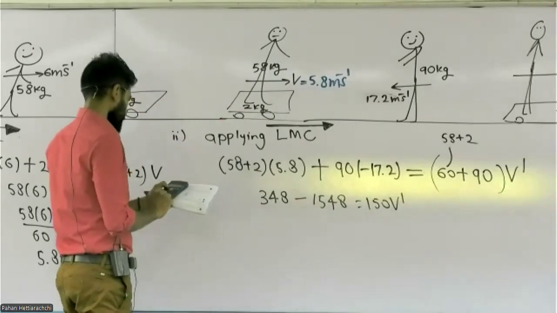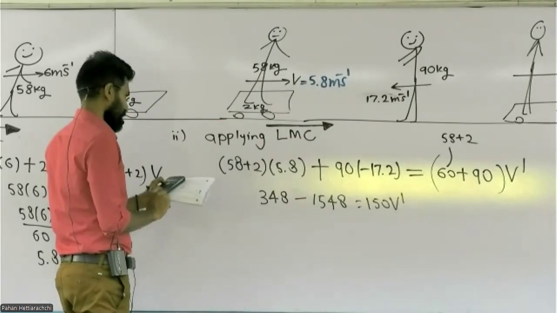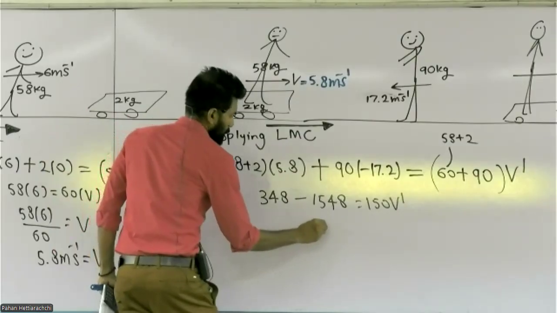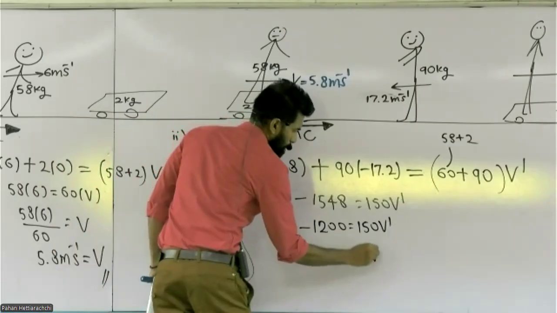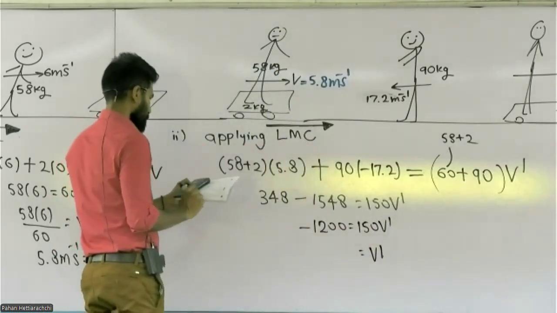So 348 minus 1548 will end up with minus 1200, equal to 150 v dash. V dash is equal to minus 8.